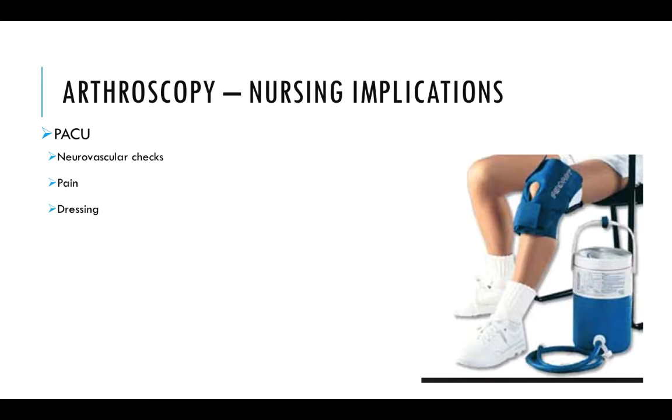Pre-op includes they'll see the nurse who will get a list of their medications, they'll get labs drawn, they'll get an EKG if they need it. The nurse will do a pre-assessment kind of thing, and then they'll be seen by anesthesia as well. And they also get a lot of pre-procedure education related to the procedure and post-procedure care. So you need to know that is usually the standard.